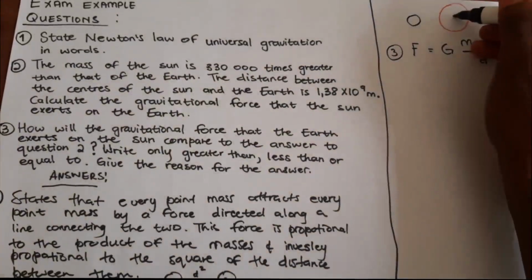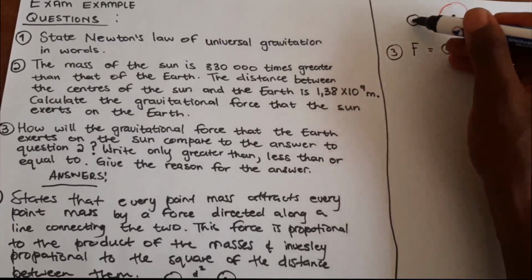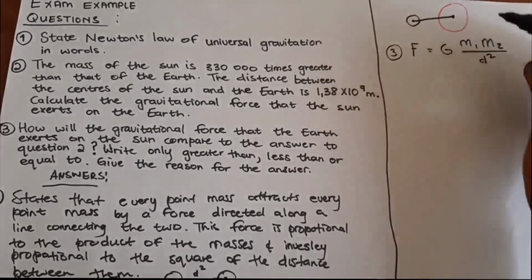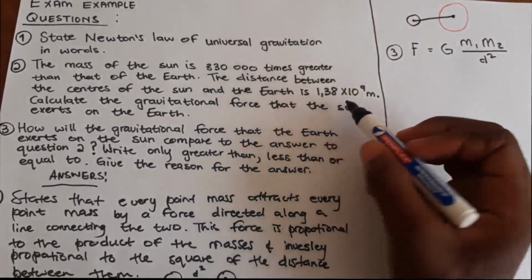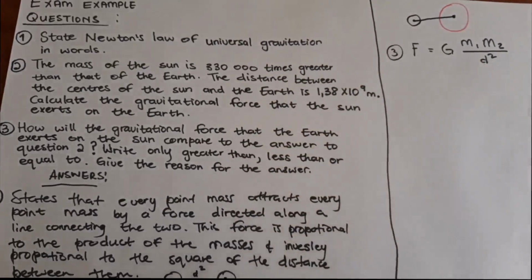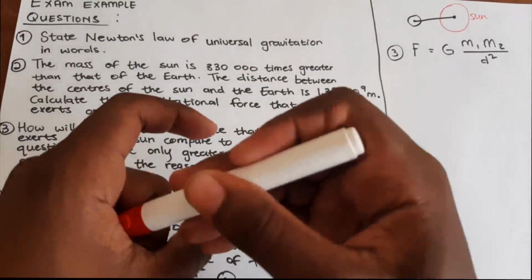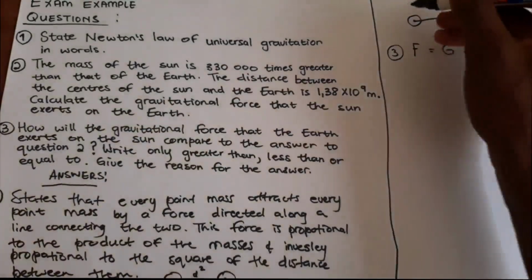This is the distance between the two, 1.38 multiplied by 10 to the power of 9. So this is the sun, and this is the earth.